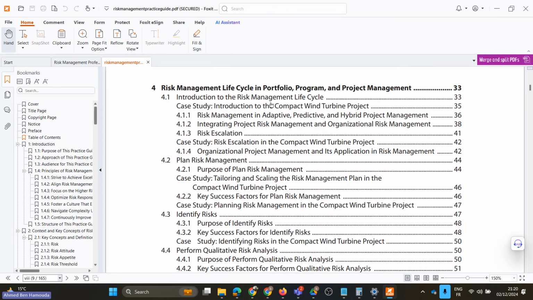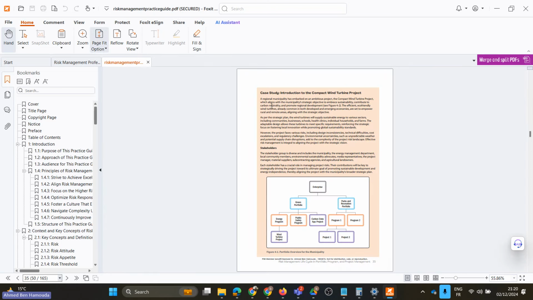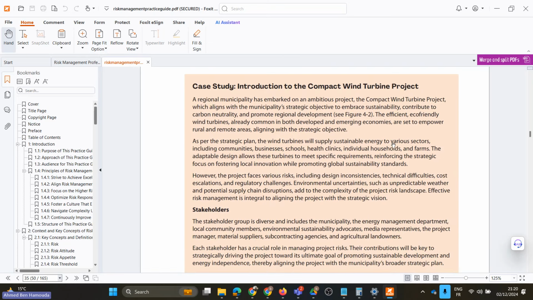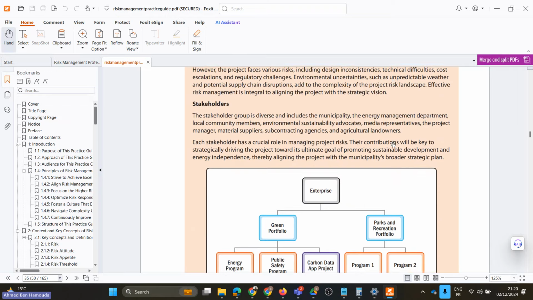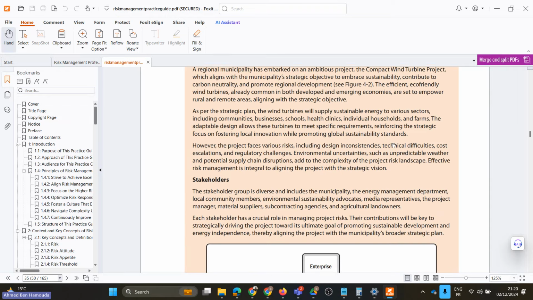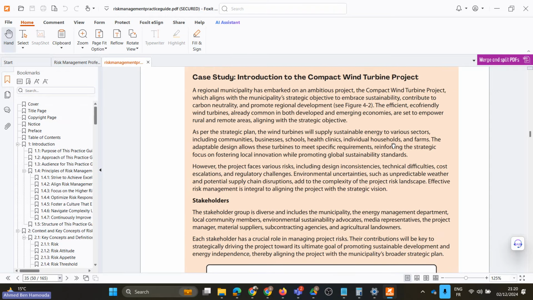Exactly. This is the case study, the compact wind turbine project. Let's quickly give you an idea about this case study, which you will see in the guide, because definitely an important part of the RMP material is based on this guide.